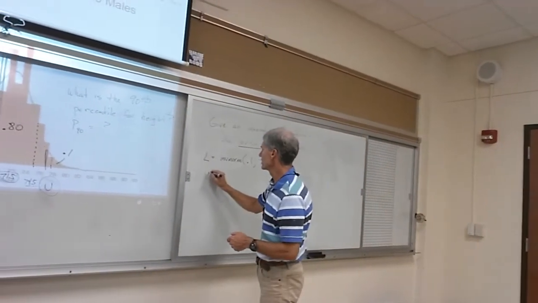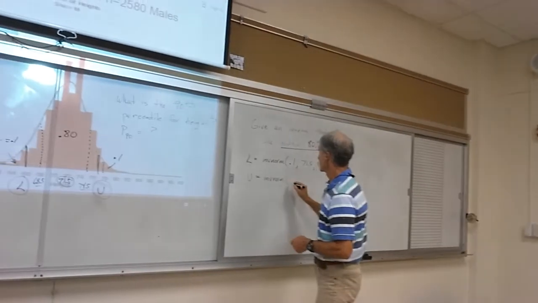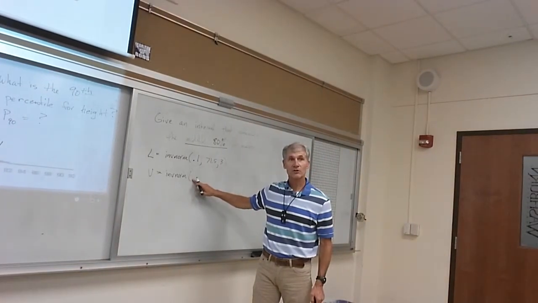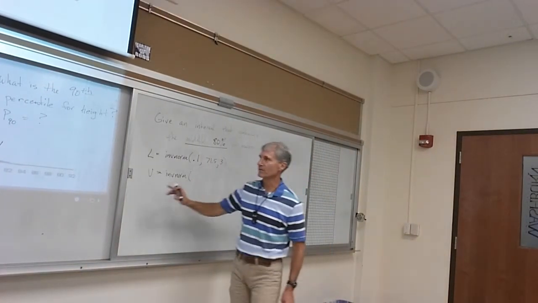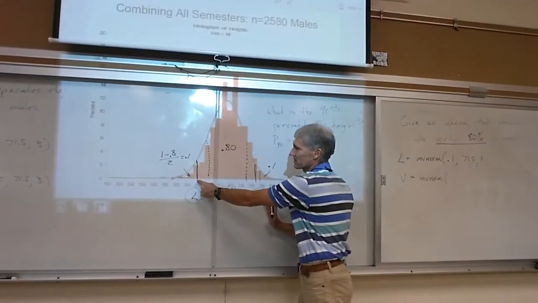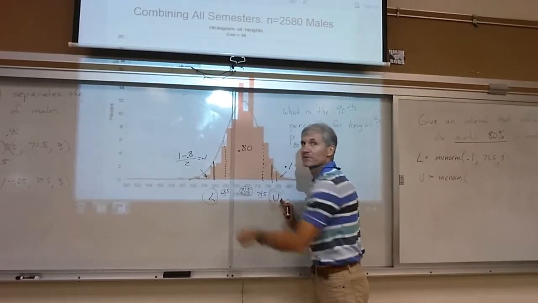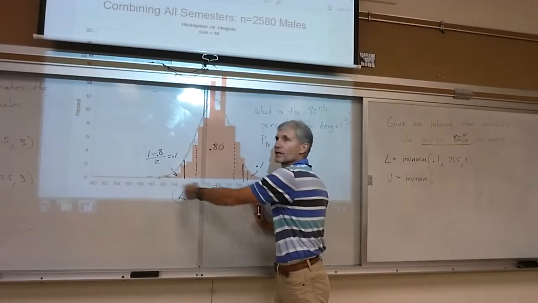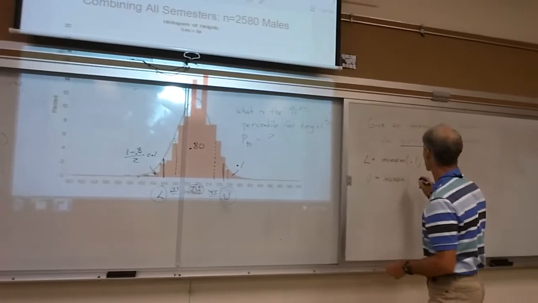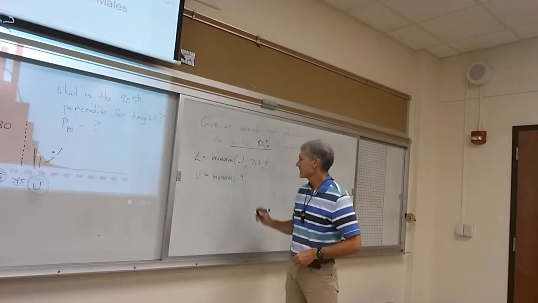Now U is inverse norm, but not 0.8. It's the total area left of U. So left of U is 0.8 down to L, but then another 0.1 on the left of that. So it's the total area left of the number I want. So that's 0.9. It's the 90th percentile.